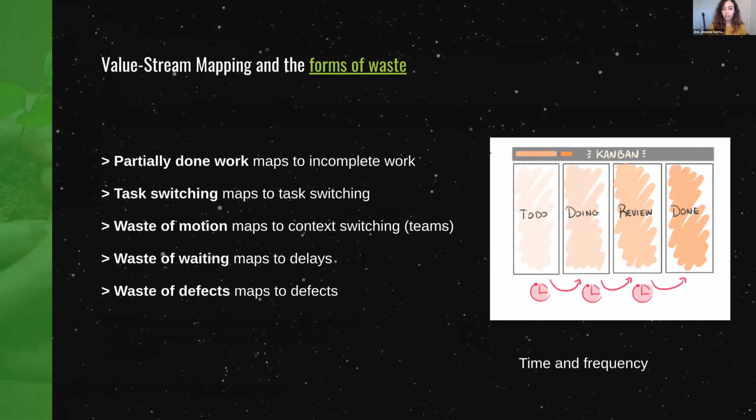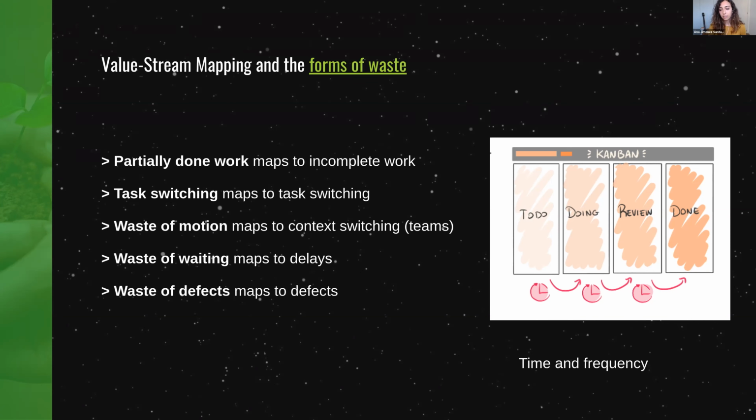The first one is partially done work, that is basically incomplete work. For example, in an open source environment, I might open an issue, but that issue stays in the backlog of the project's Kanban and it's never done.